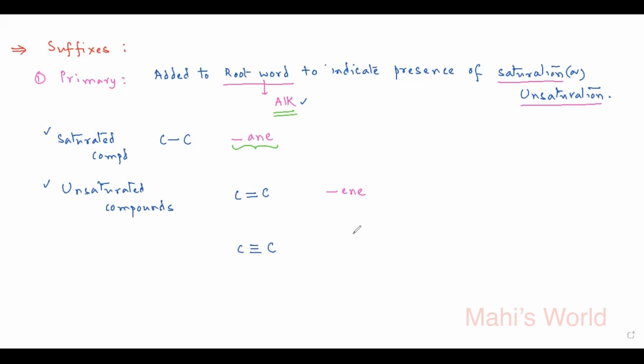Alk is the root word, then the primary suffix for a double bond is "ene", so that overall becomes alkene. Then if you have a triple bond between carbon atoms, you call it "yne". Alk plus yne, alkyne. This is for compounds with unsaturation: ene and yne.